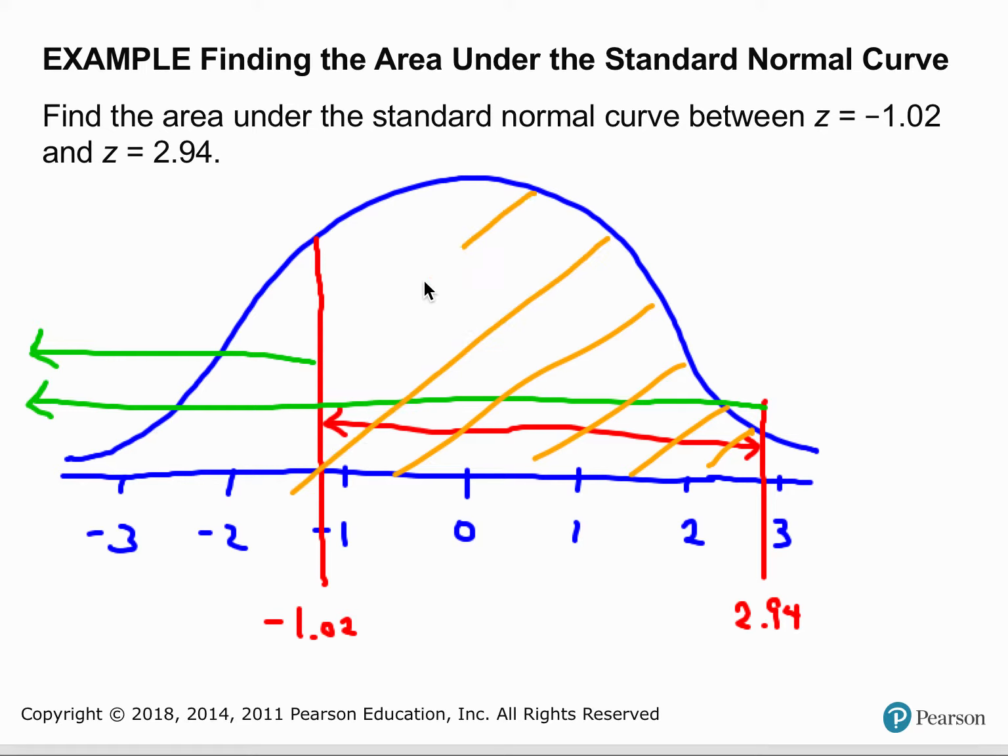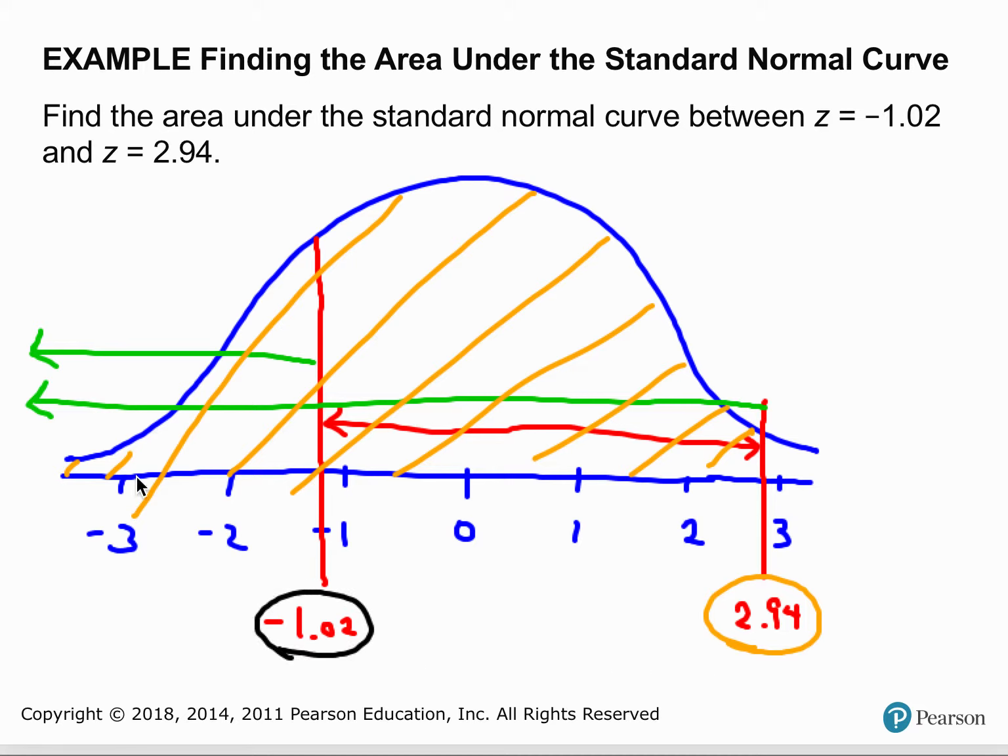The table value from here is going to give me this area, and the table value from here is going to give me this area. So if I have all of this area and I take off this bit, I'm going to be left with what I need. I don't have the table up here on this one. Couldn't find a convenient one that had both of these values.